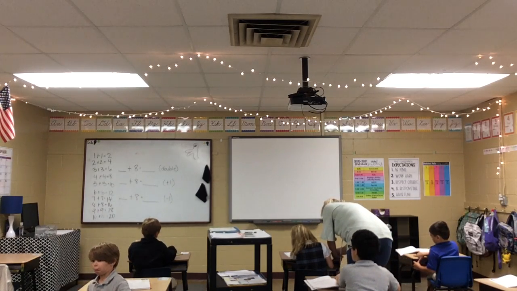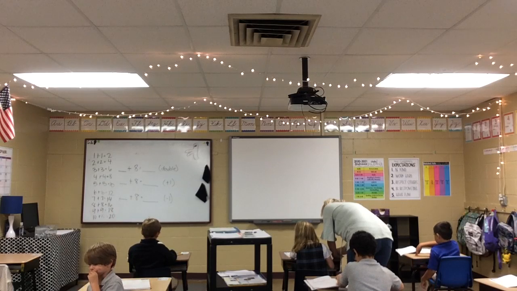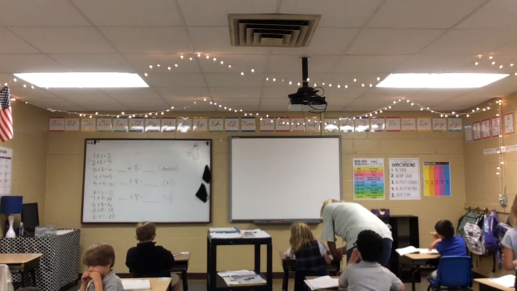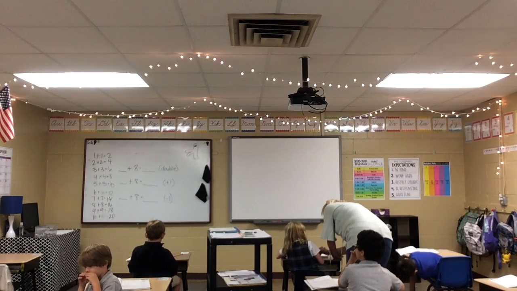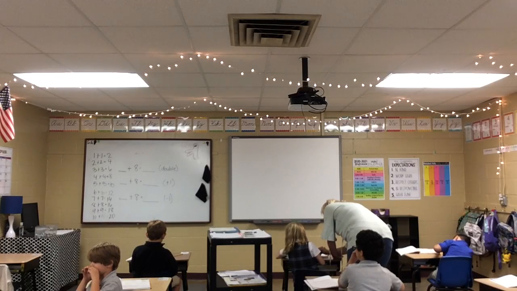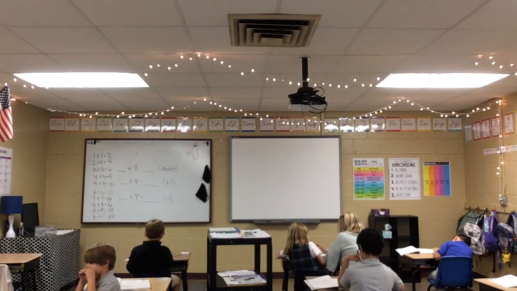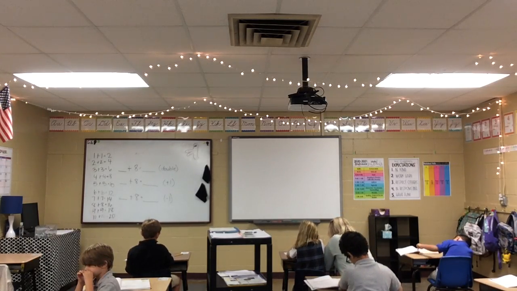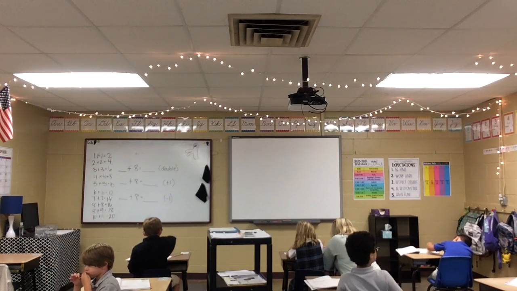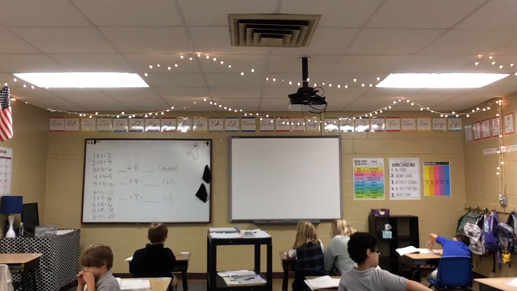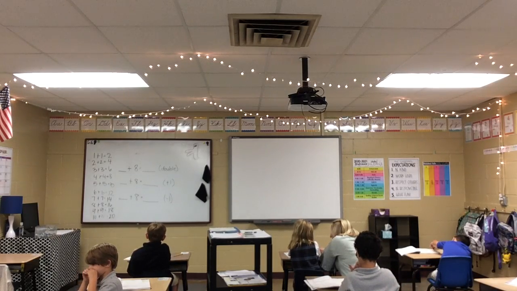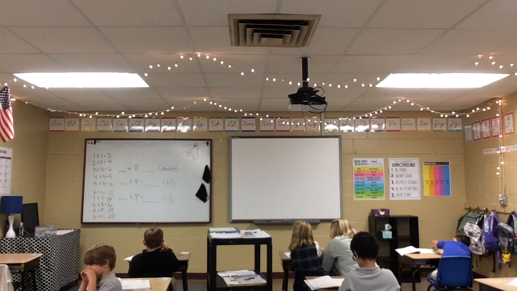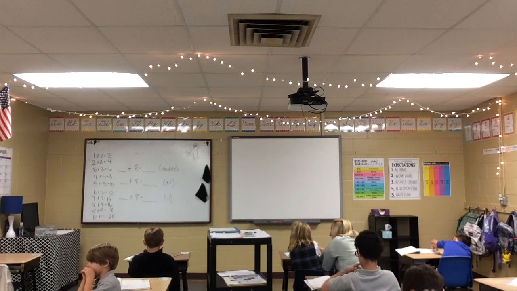Okay. So if your double is 8 plus 8 is 16. Now we're doing double plus 1. So what's one more? Okay. So if 8 plus 8 is 16, one more, because we're doing plus 1, 9 plus 8 is going to be what? So what's minus 1 here? What's 16 minus 1?